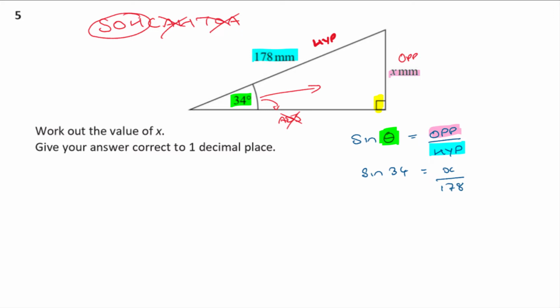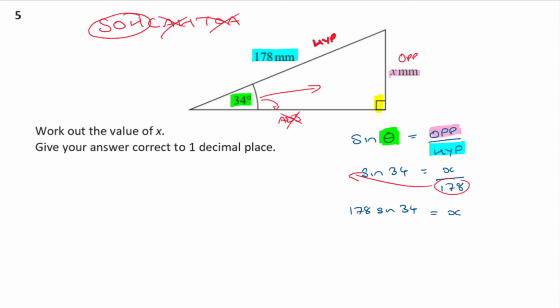That's x. So if I can rearrange this by cross multiplying that 178 up there, times both sides by 178, I'm going to get x is equal to 178 times sine 34. We tend to write the number at the front of sine 34 so it doesn't get confused at the end. So 178 sine 34.